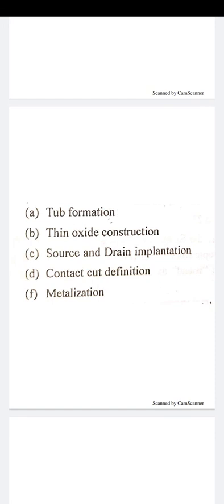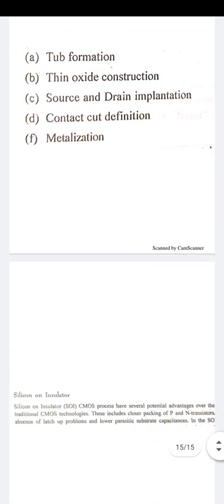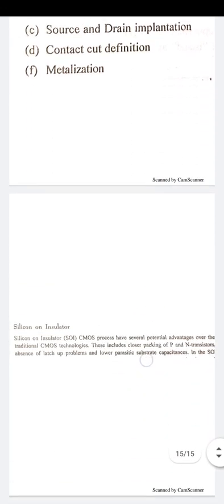These are the basic steps of the twin tub formation process. The twin tubs are made separately for the PMOS and NMOS transistors on the same substrate. Next is the fourth process, silicon on insulator.